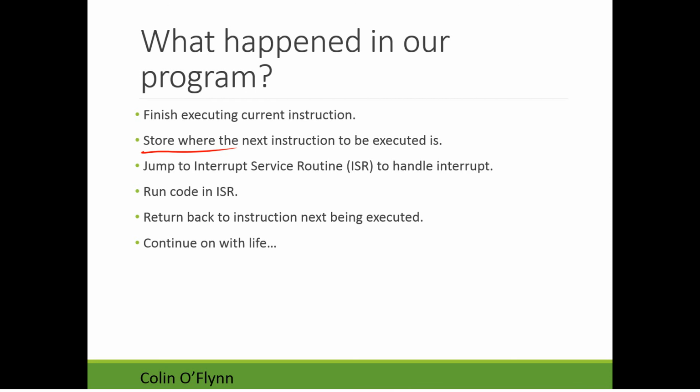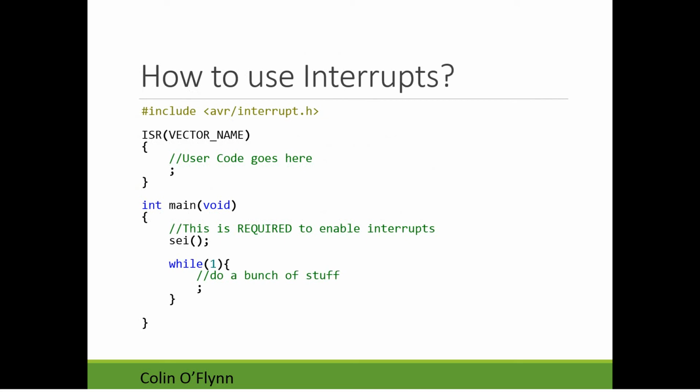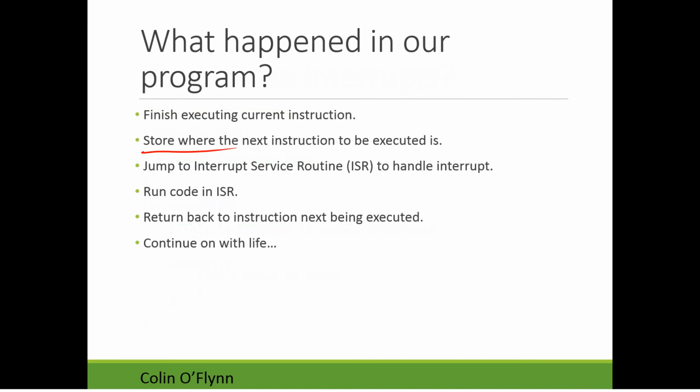It stores that, then jumps to the interrupt service routine, or ISR. This code executes, and then it returns back to whatever was next to be executed and just continues on with its life.